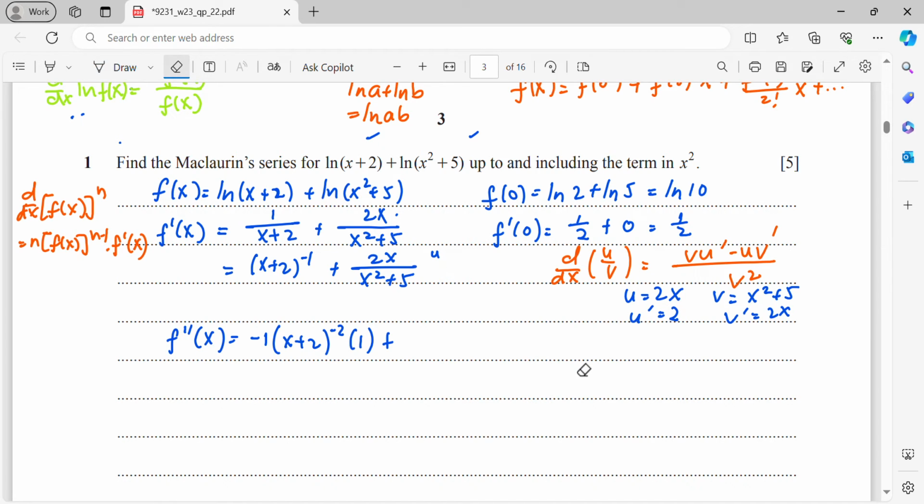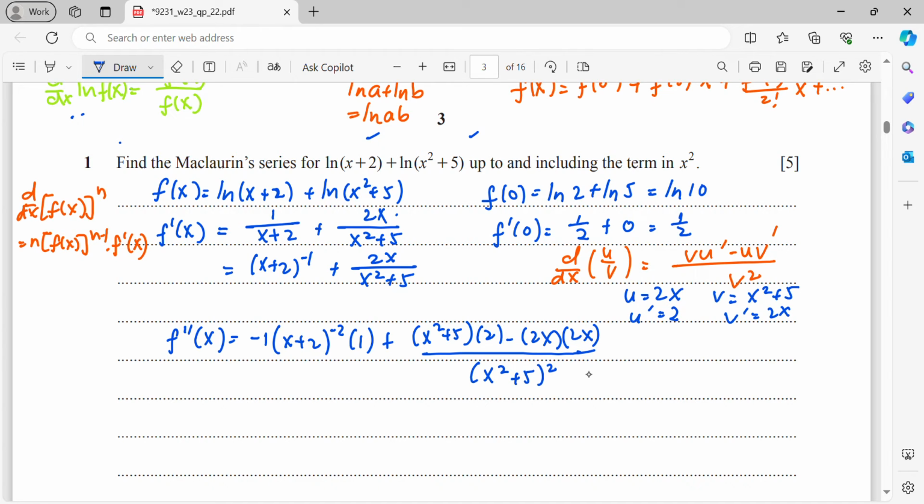Using the formula, I will be getting over v squared, so that means (x squared plus 5) squared. Now keep the x, differentiate 2x is 2, minus u v prime, so that is 2x, and the v prime is 2x.